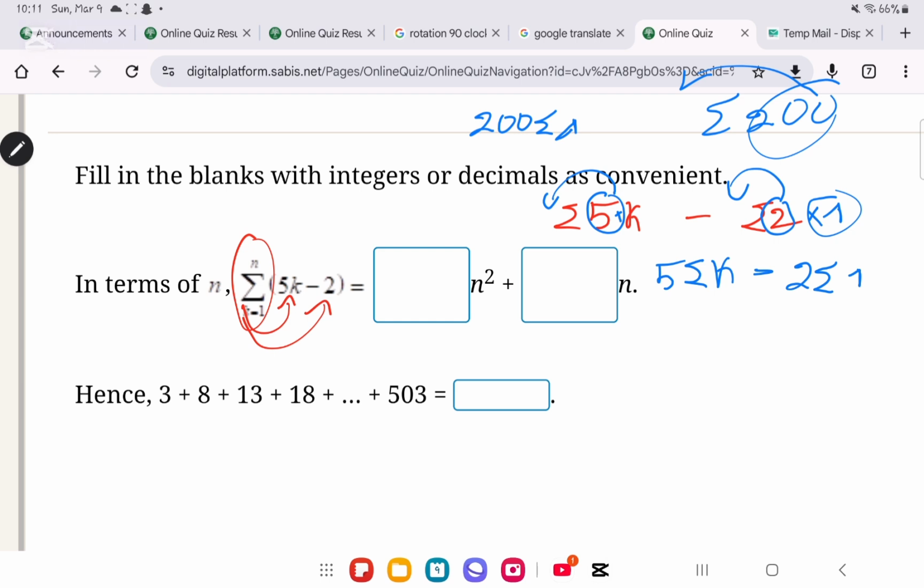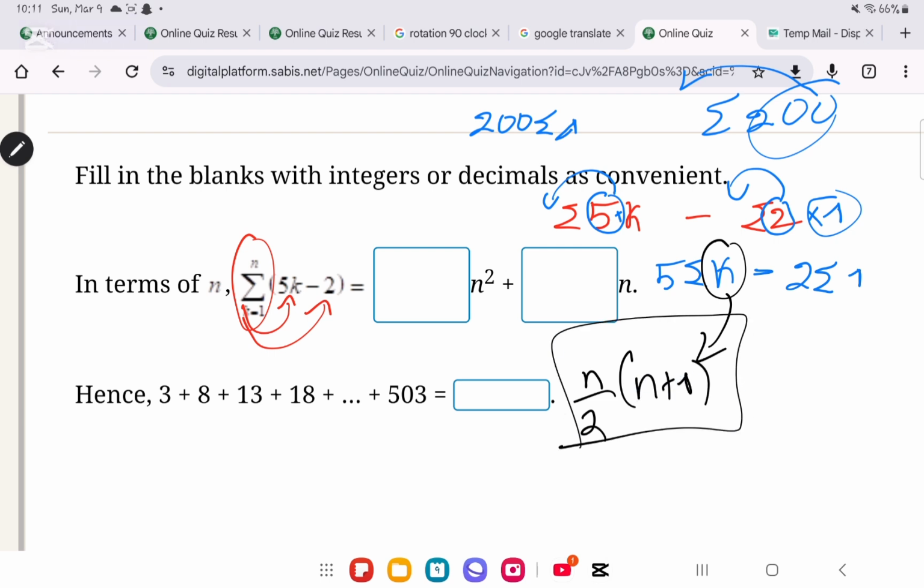Okay, so now you're gonna take k as the function that will give us the sum. Okay, so what's the function that gives us the sum? It is n over 2 multiplied by n plus 1. So keep this always in mind. N over 2 multiplied by n plus 1. Okay, so what you're going to do is you're going to substitute the k by that.